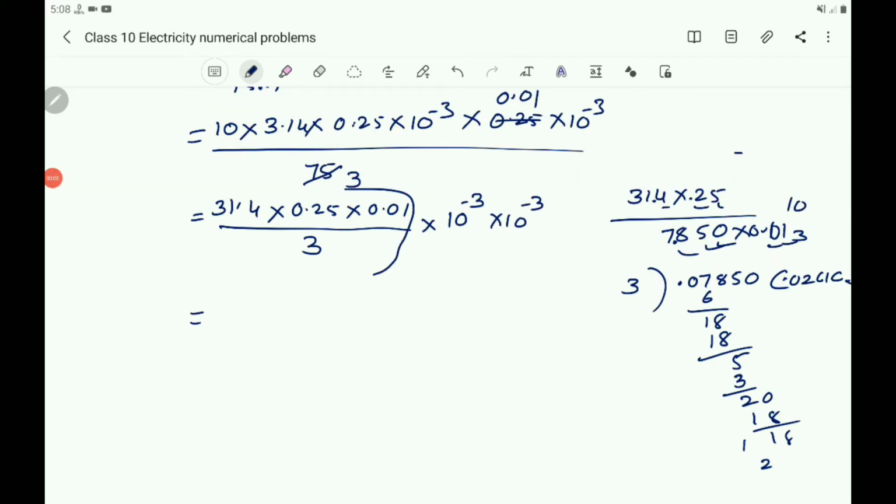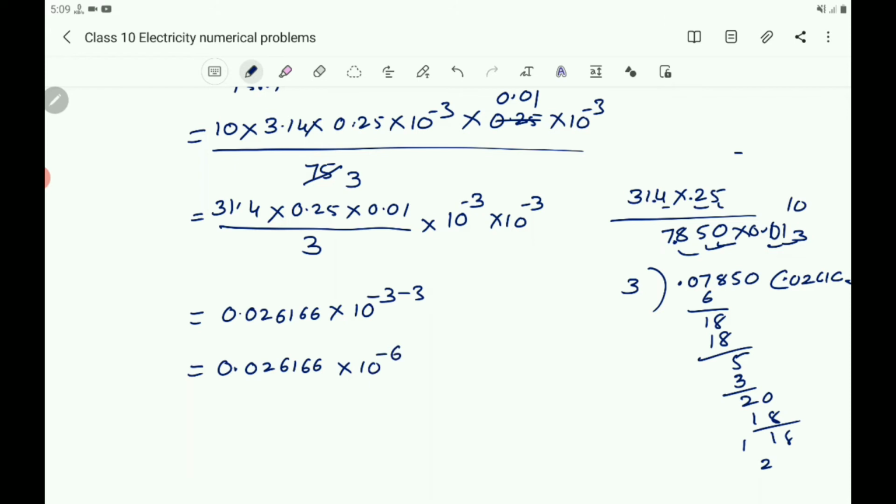So the whole value you will get 0.02616, with the 6 repeating, into 10 power minus 3 minus 3. Sum of these two: a power m into a power n is equal to a power m plus n. Then it becomes 0.026166 into 10 power minus 6.